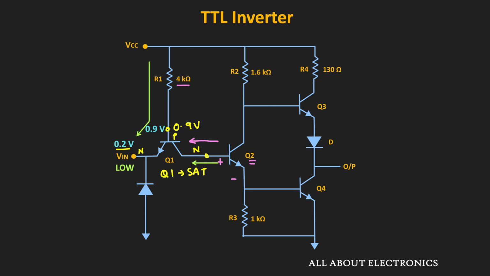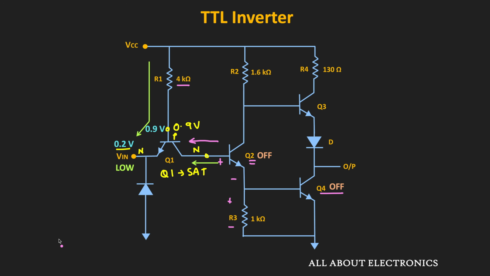That means in this condition the Q2 will be off, and since the Q2 is off, the drop across this resistor R3 will also be equal to 0, and therefore the base of the Q4 will not have sufficient voltage to turn it on, and therefore this transistor Q4 will also remain in the off condition.